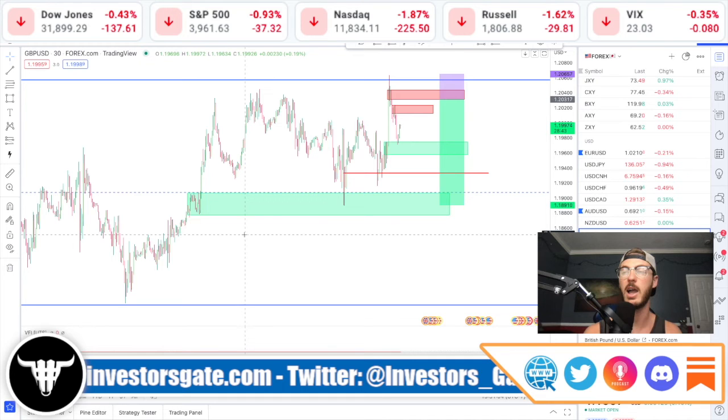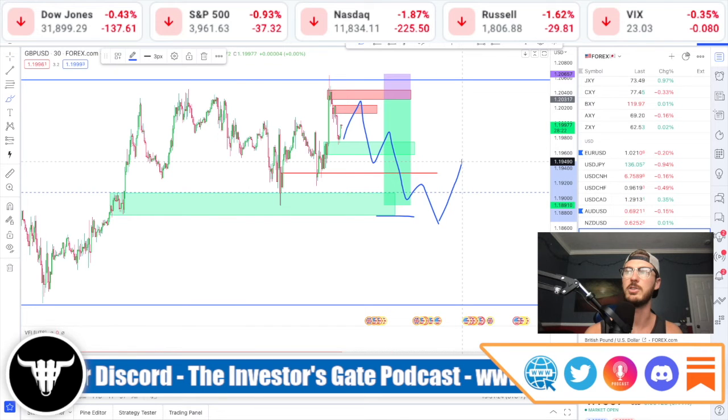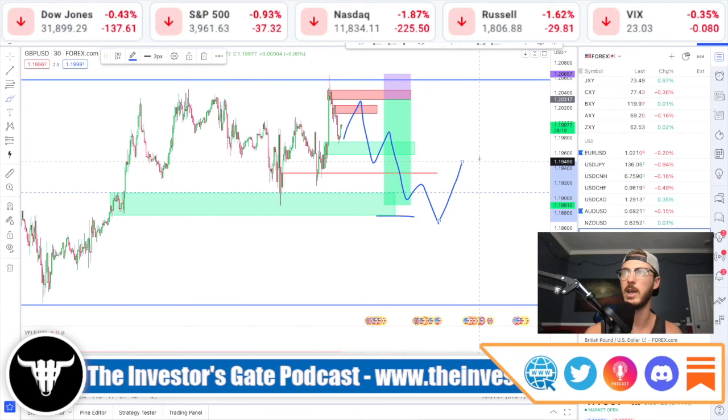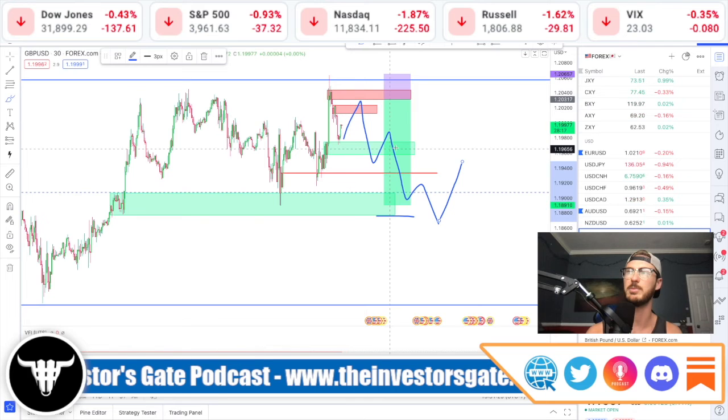If we trade below this level like this, I will be looking for a pullback to sell into. Now, depending on how this price action develops, maybe we see supply here, like a good level right here.